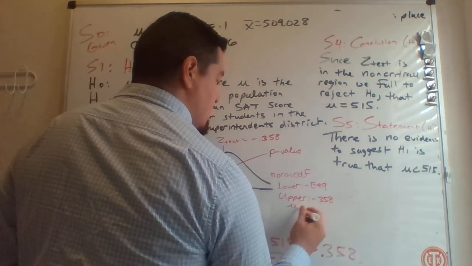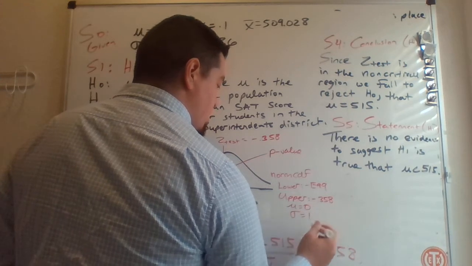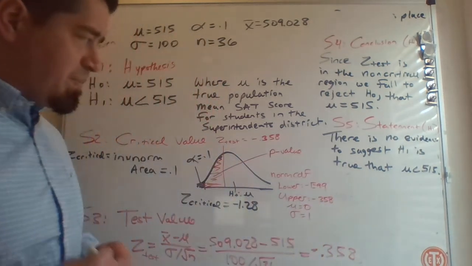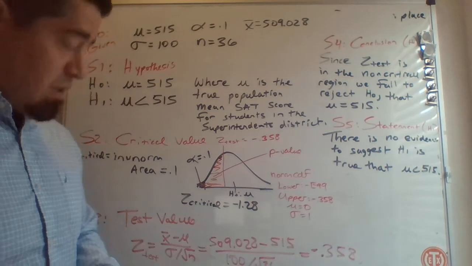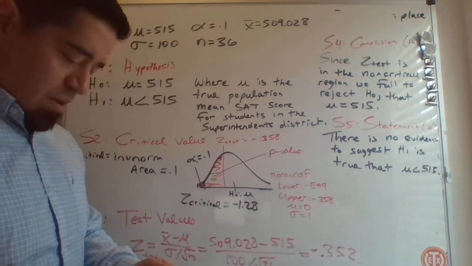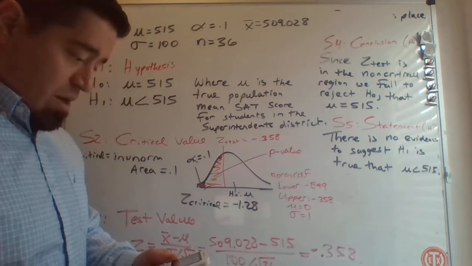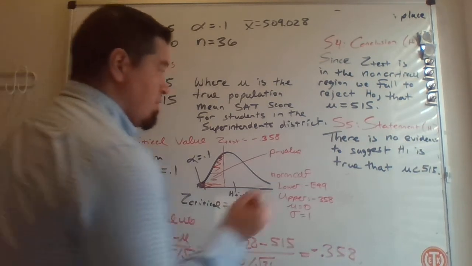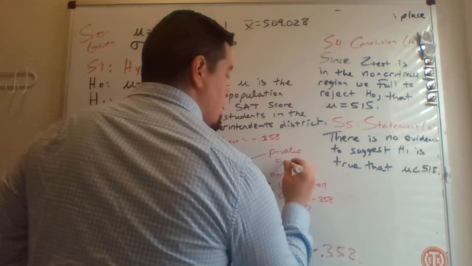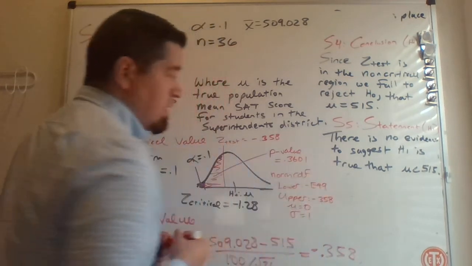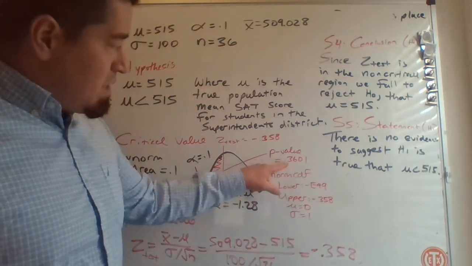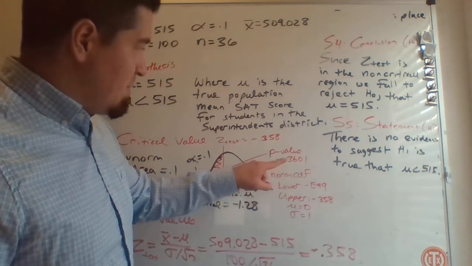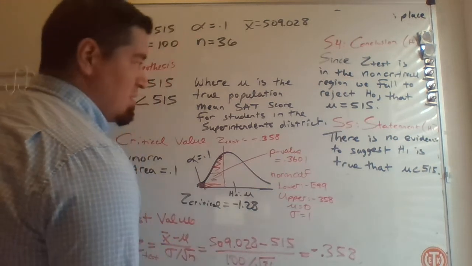We leave the mean at the standard normal curve because we have a z-score. Then you calculate, so I'll put in negative 0.35801, and I get 0.3601, which tells me the p-value.